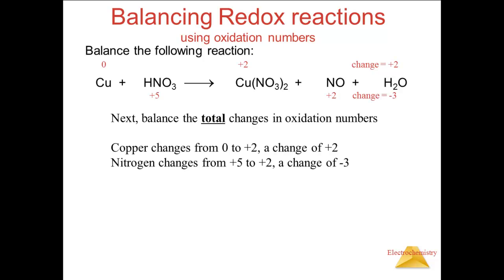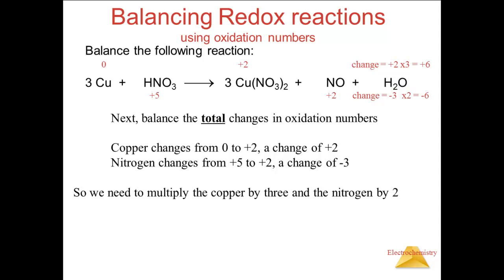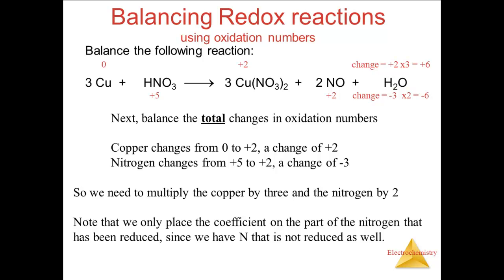Each nitrogen atom changes from +5 to +2 for a change of -3. To balance these changes, we need to multiply the copper by 3 and the nitrogen by 2. Note that we only place the coefficient on the part of the nitrogen that has been reduced, since we have nitrogen that is not reduced as well.